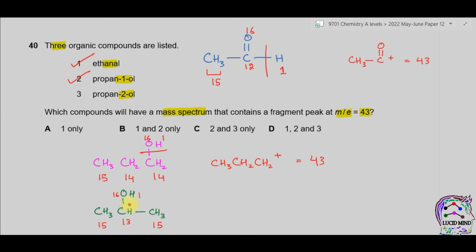If we break this bond, we have 15 plus 13 plus 15, so it is 30 plus 13, which is 43. So CH3, CH, CH3 can be positive and it will be equal to 43.